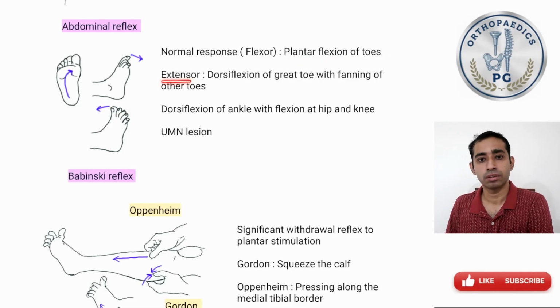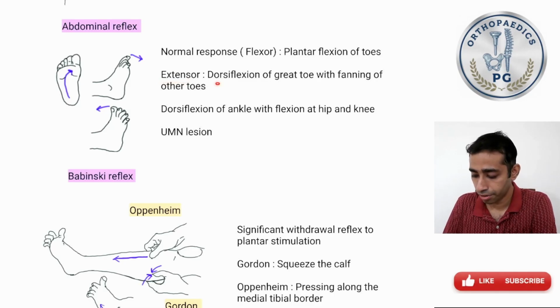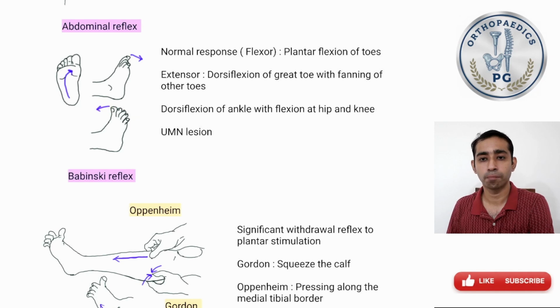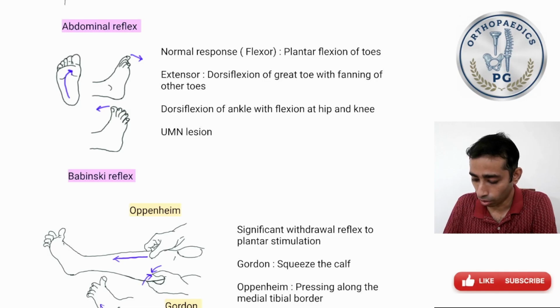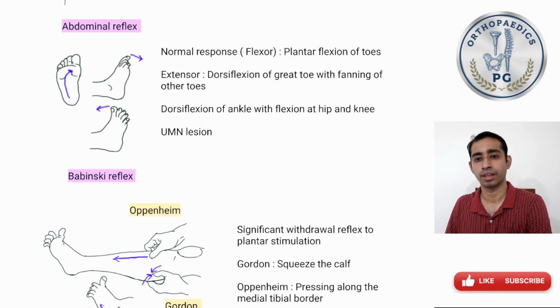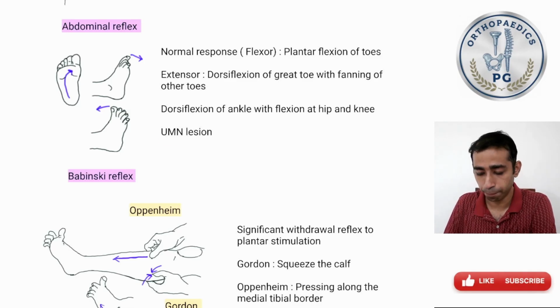Next, extensor response is when there is a dorsiflexion of the great toe with fanning of the other toes. You may also be asked the complete response. Complete response along with the dorsiflexion of the great toe and fanning of the other toes is dorsiflexion of the ankle and flexion at hip and knee. And an abnormal Babinski reflex signifies an upper motor neuron lesion.